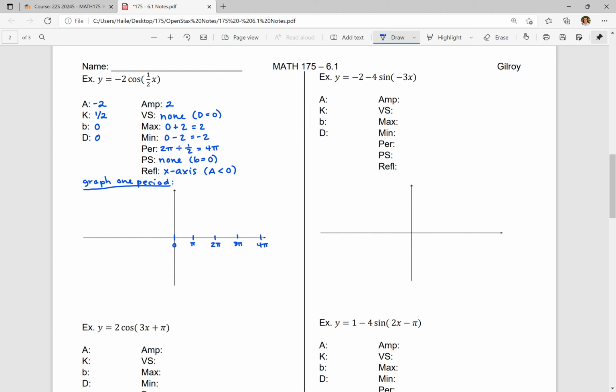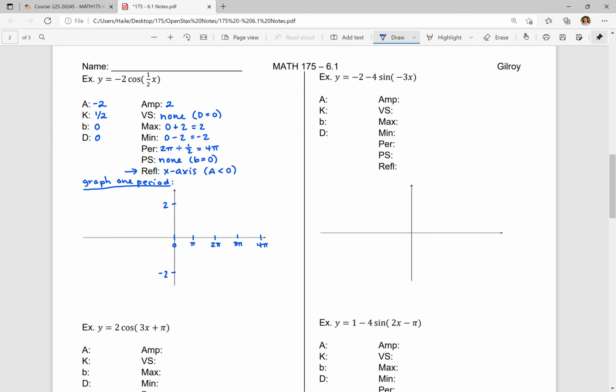Now my y-axis I'm going to label with the amplitude. So the maximum value we got is 2, so I'm going to put a label as 2 and a label as -2 for the minimum value. So now I have my x-axis labeled, my y-axis labeled. My next step is to actually graph the points. So we do need to take into consideration that we have this x-axis reflection.